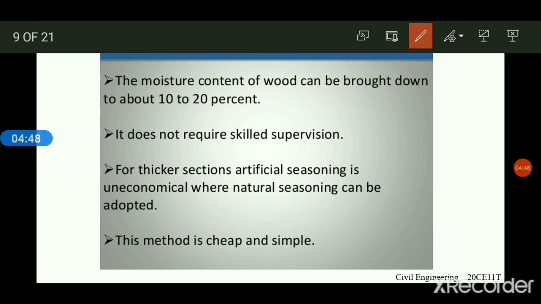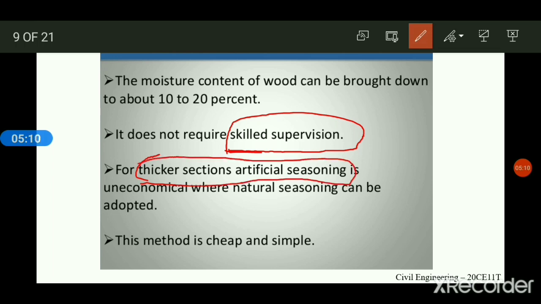And generally, natural seasoning does not require skilled supervision. It's a very simple process of seasoning naturally. And next, advantages for thicker sections. If the wood is very thick and it is done by artificial seasoning, I have not explained what artificial seasoning is.